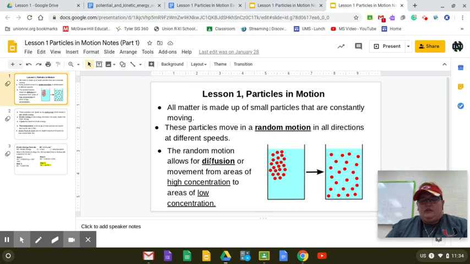And the random motion allows for what's called diffusion, or movement from areas of high concentration to areas of low concentration. I like to think about this with if you spray perfume or cologne. If you spray it on you, the people directly around you will smell it rather quickly, depending on how much you spray.